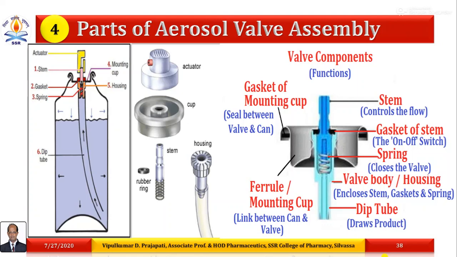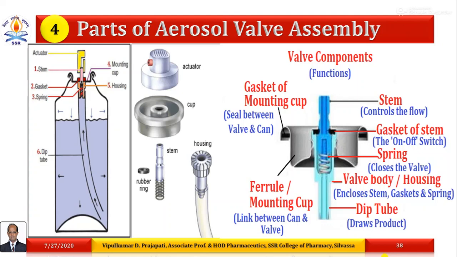The next figure indicates the valve components and, in brackets, the various functions of those components. The gasket of the mounting cup is the seal between valve and can. Stem controls the flow. Gasket of the stem is the on-off switch. Spring closes the valve, meaning it helps in closing and opening the valve.